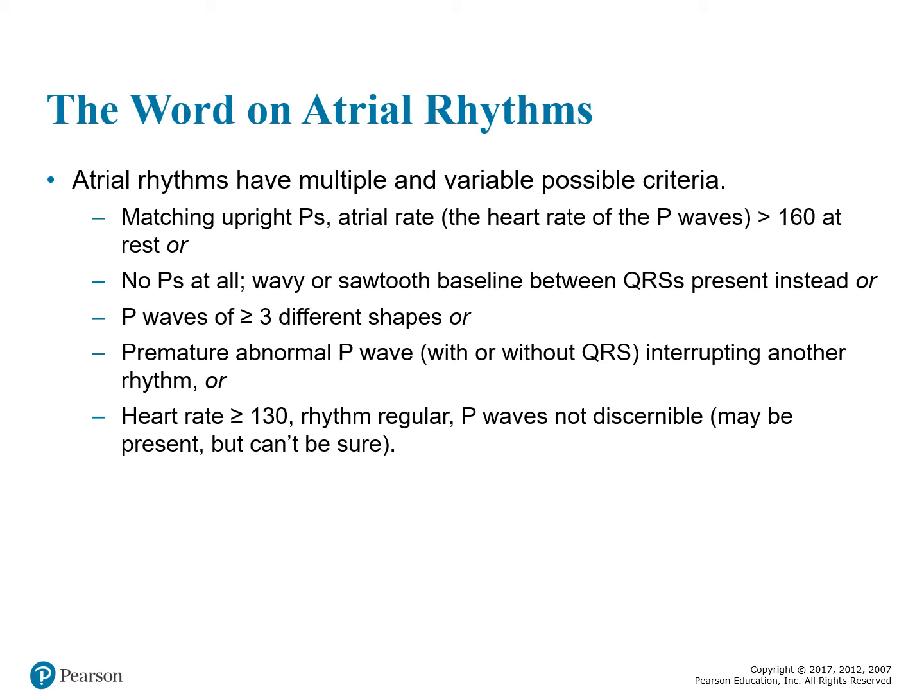They can have a matching upright P wave, an atrial rate, which is the rate of the P waves, greater than 160 at rest, or no P waves at all and wavy or sawtooth baselines between the QRS complexes instead, or P waves of at least 3 different shapes, or premature abnormal P waves with or without QRS interrupting another rhythm, or a heart rate greater than or equal to 130.